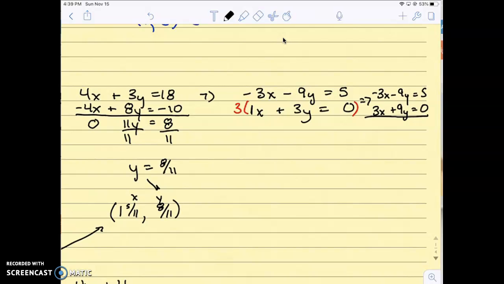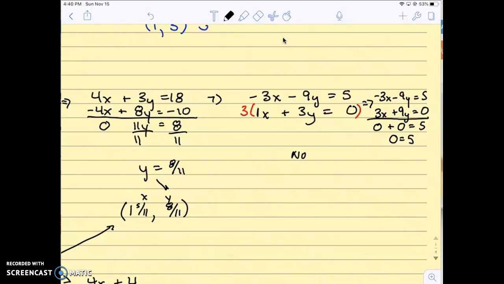And because we have opposites, -3 and +3, these cancel. Uh-oh, -9 and +9 also cancel. This is weird. Since when does 0 equal 5? This is no solution.